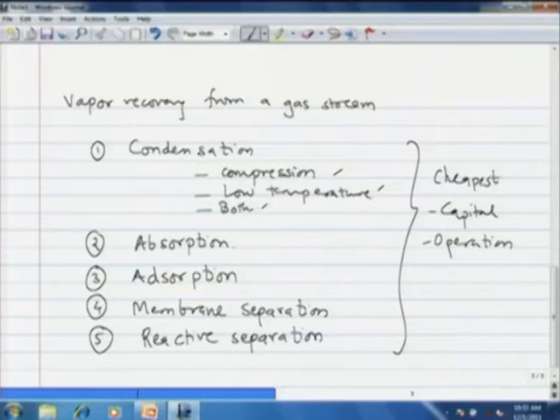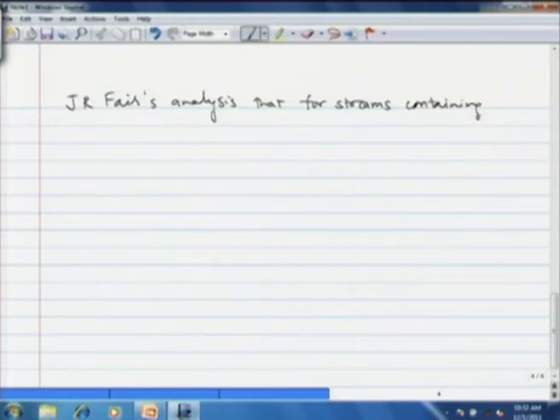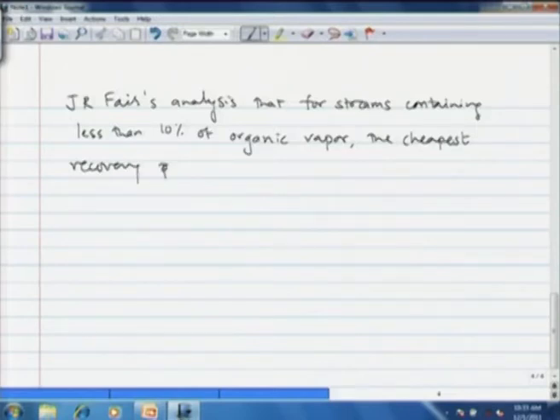FAIR has given an analysis that for streams containing less than 10% of vapor, organic vapor or solvent vapor, the cheapest recovery process would be absorption.